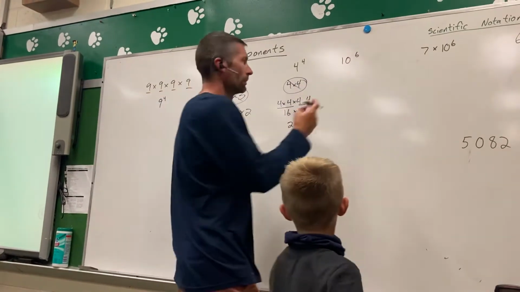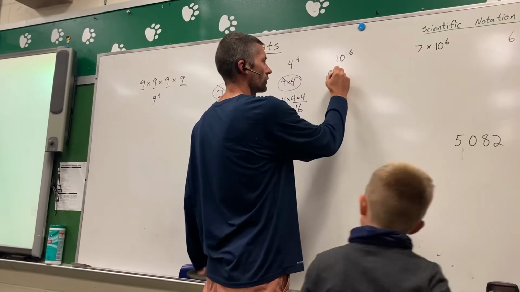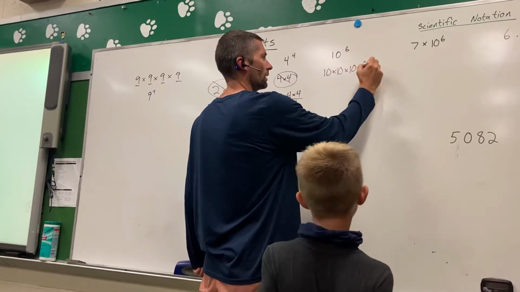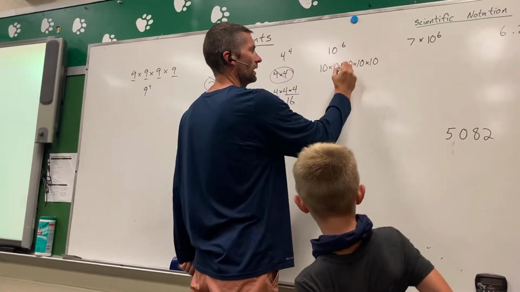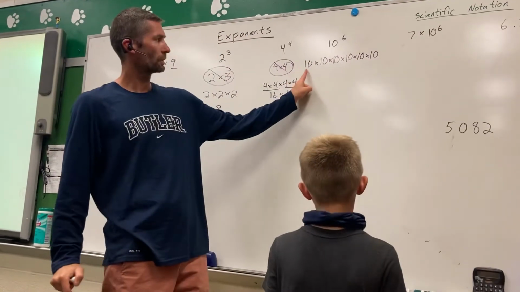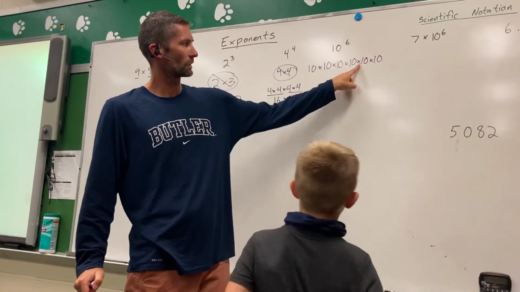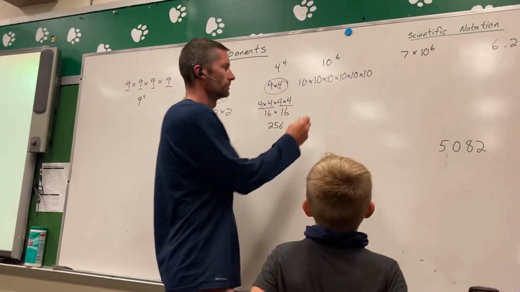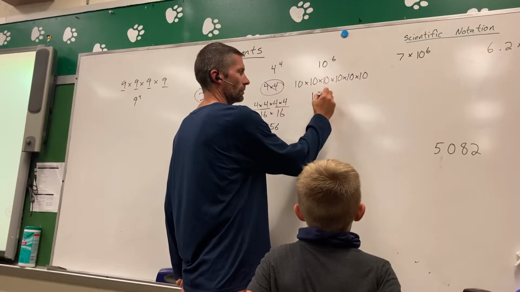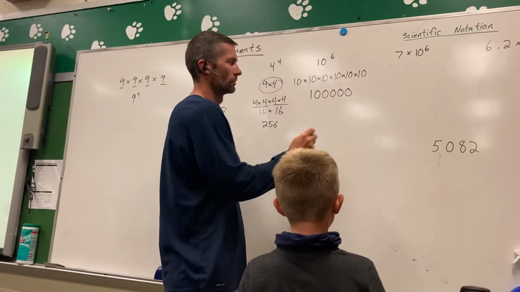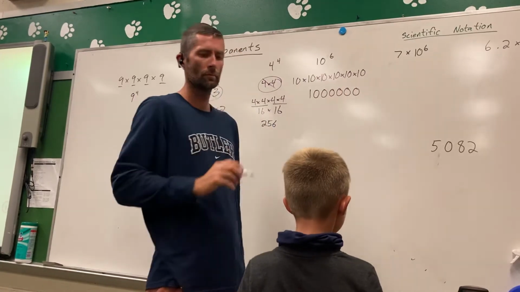All right, next, 10 to the power of, Drew? 6. So there's a shortcut for this, and I'll show it to you here in a second. We're writing 10 six times. Now we know anytime we multiply, we can multiply 1 times 1 times 1 times 1 times 1 times 1, and then add all the zeros. How many zeros are up there, Drew? 6.